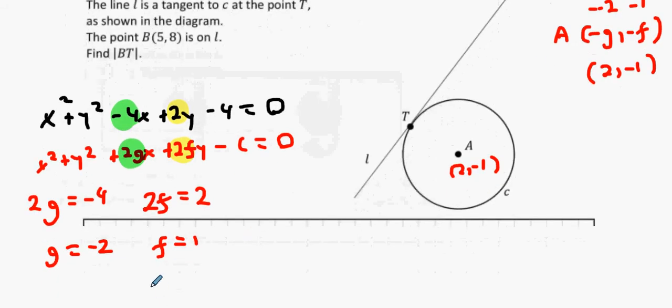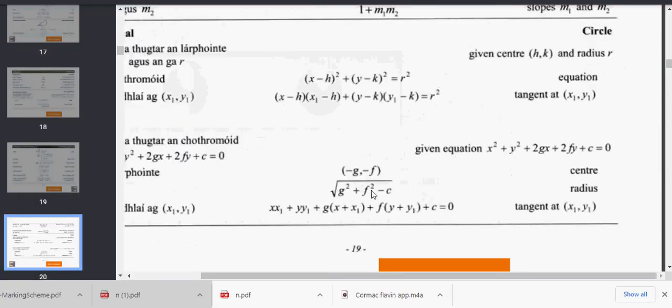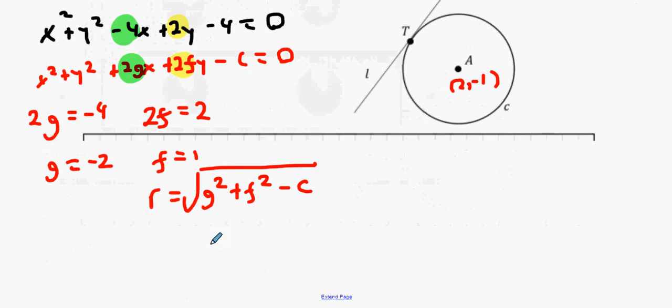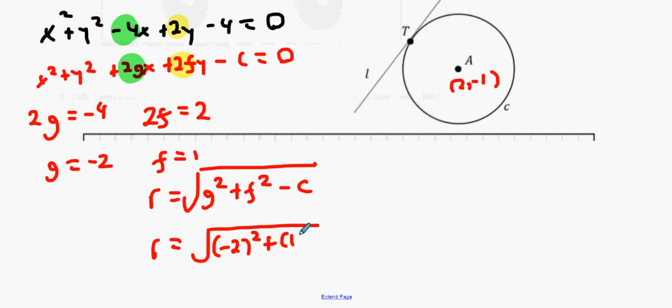Let's find out what the radius is. Once again, I'll just go to my notes here. It's the square root of g squared plus f squared minus c. So the radius is the square root of minus 2 squared plus 1 squared minus c, and we know that c is 4.